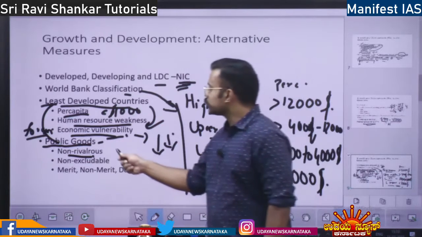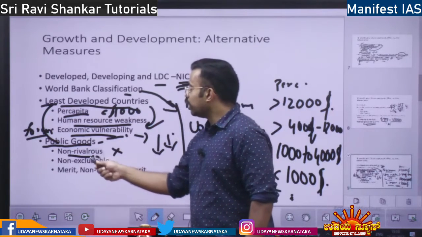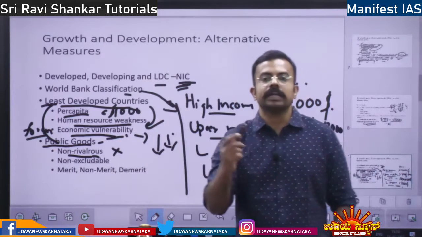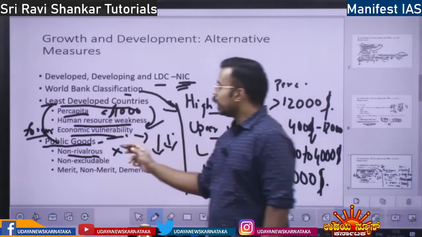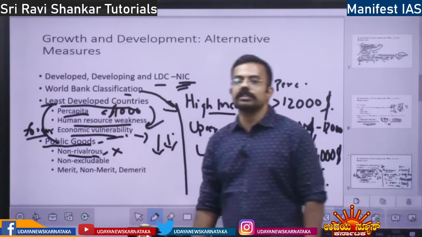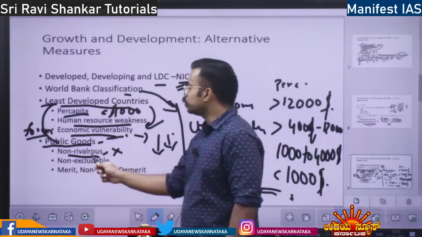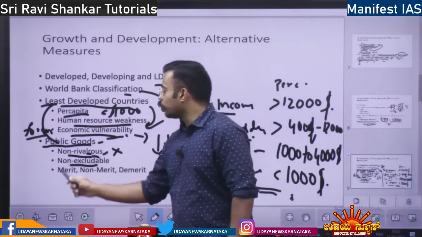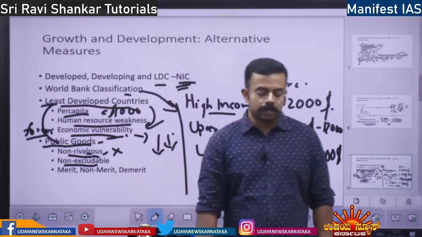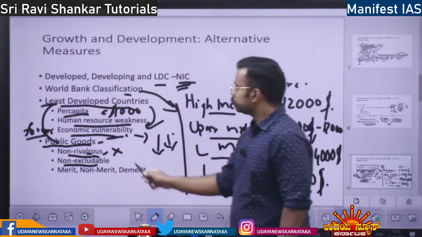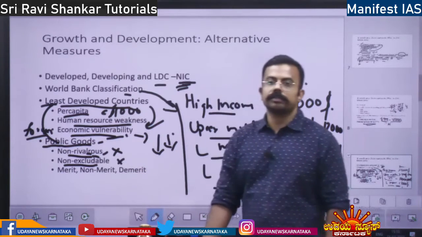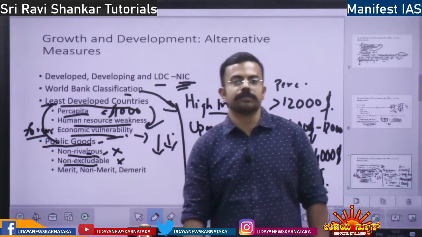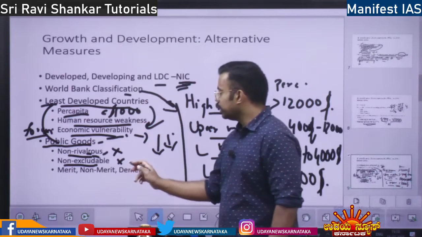If I use the road, it will not prohibit another person from using the road. So public goods are non-rivalrous, and public goods are non-excludable. No person can be excluded from accessing the public good. Poor, rich, upper caste, lower caste, female, male, everybody can access.